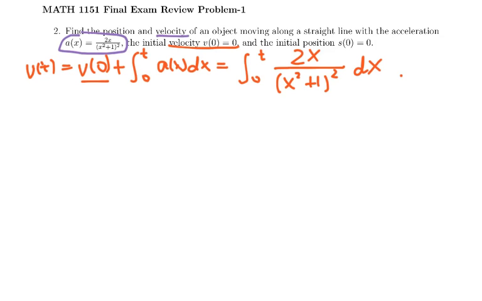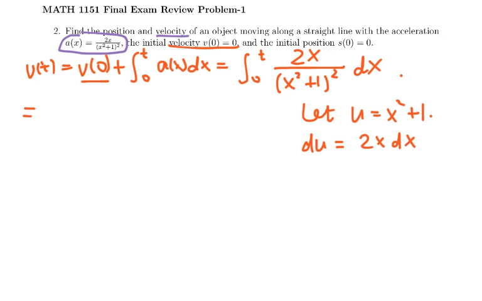Now we're going to integrate this, and we can do a change of variable. Let u be x squared plus 1, and then du is equal to 2x dx.